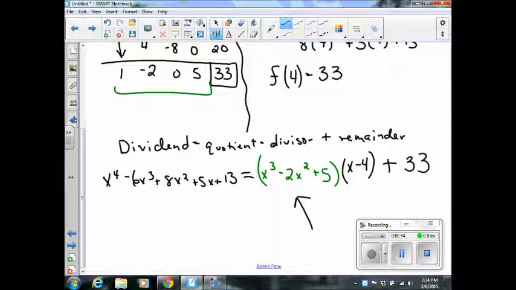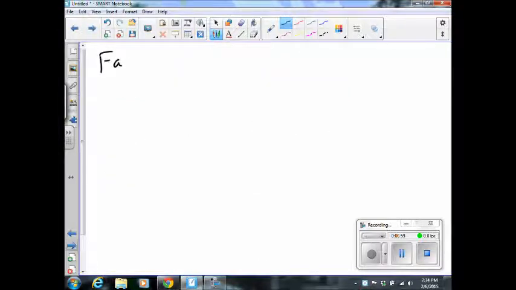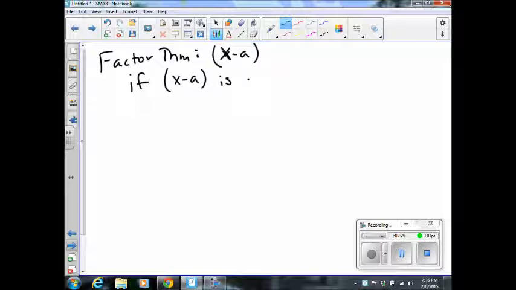Here is where the factor theorem comes into play. I'm dividing by x minus a.